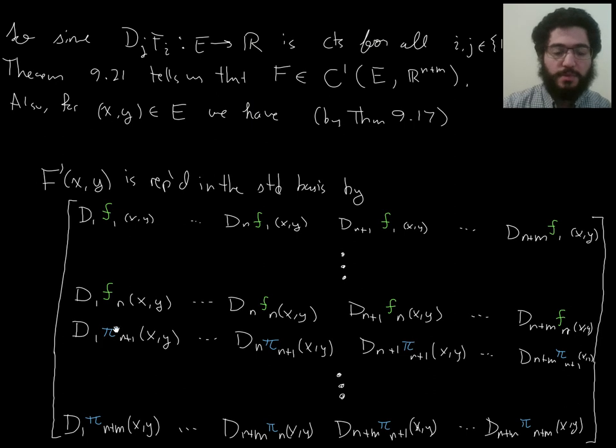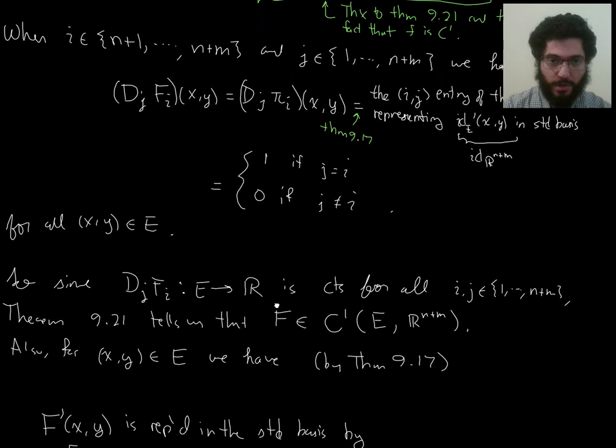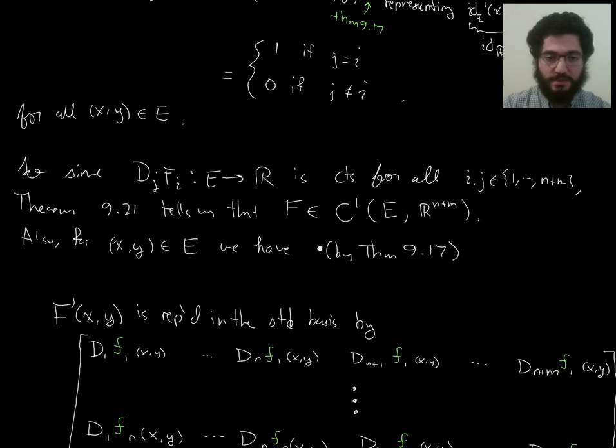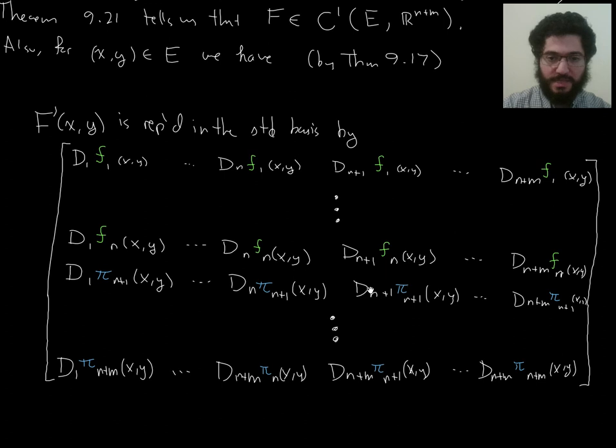Because the different projection maps are actually just the different components of the identity map, the partial derivatives of these ended up being the entries of an identity matrix. So 1 if j equals i, 0 if j is not equal to i. So basically, going down a diagonal in this matrix as a whole, like here, you get a 1, and then all along the diagonal you get 1s, and everywhere else you get 0s.